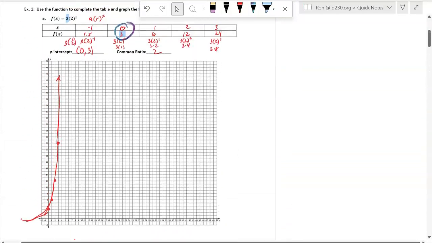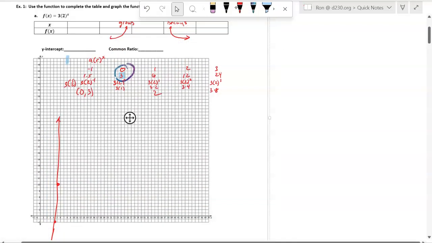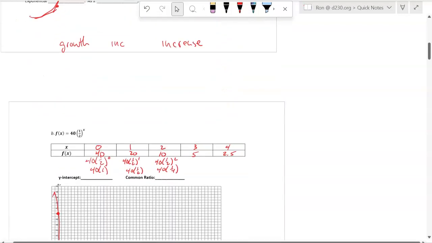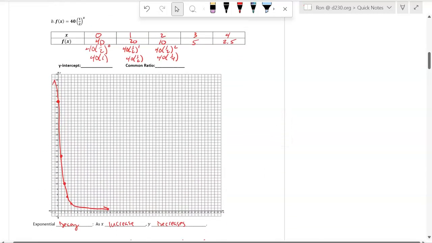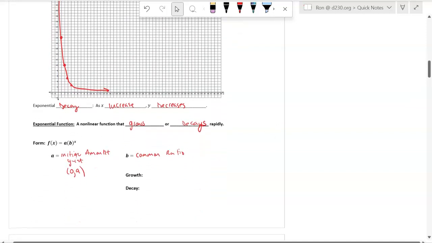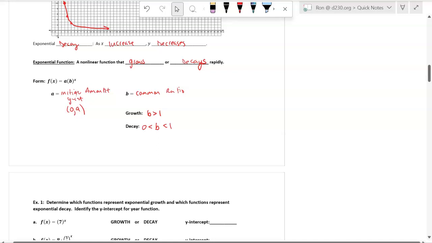Now, if you notice here, B in the problem up here was 2, and then down here, B was 1/2. So the one thing we say is if B is greater than 1, it's going to be growth. If B is greater than 0 but less than 1, basically a proper fraction or a decimal less than 1, it's going to be decay.